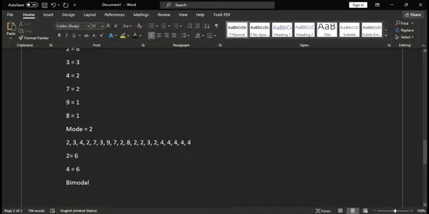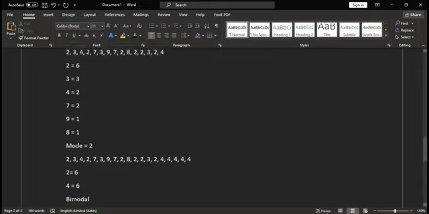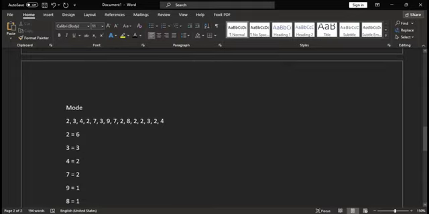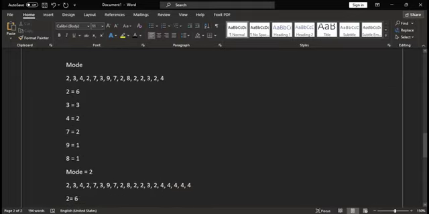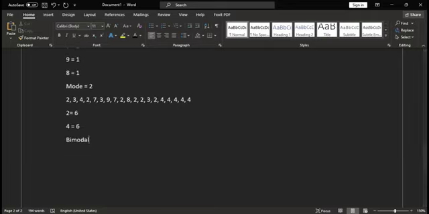So it is 2 modes in this data. So it is bimodal. So mode can be 1, it can be 2, it can even be 3, depending on your range of data, depending on the data you have collected. So that is about mode.